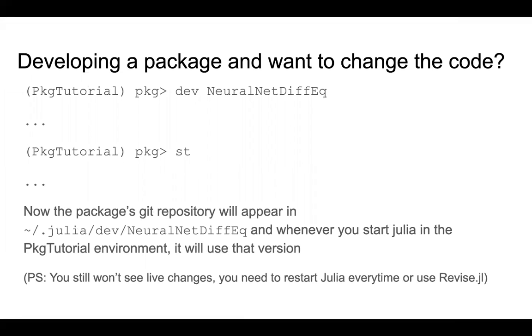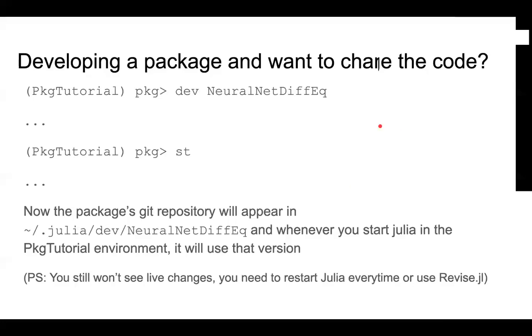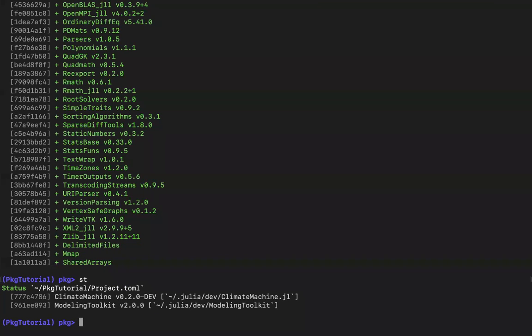Okay. So while developing a package, should we first create an environment and then dev that package, or can we just dev that package and activate that package's project.toml? That depends on what you want to do. You probably need to activate the cloned package environment only if you want to add or remove some of its dependencies.